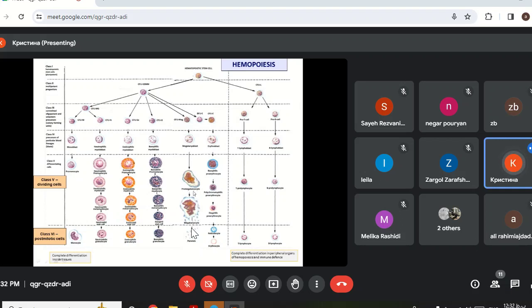Karyo stands for nucleus, cyte is cell, so the name means that this is a giant cell with a giant, very large nucleus. It is a result of endomitosis, during which the cell becomes not diploid but tetra and multiploid, such as 64N. So it has a lot of DNA and a very large nucleus and very large cytoplasm.